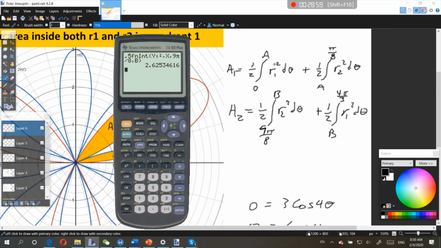So y1 squared in terms of x from a to b. I can use that format and just do that for all of our areas, add them together, and I should get my final answer.